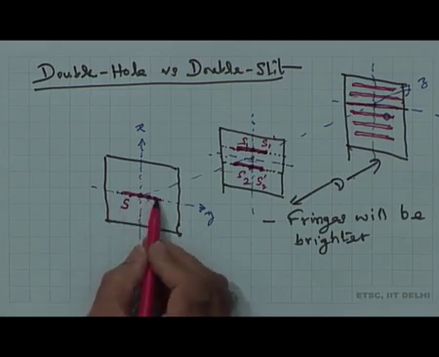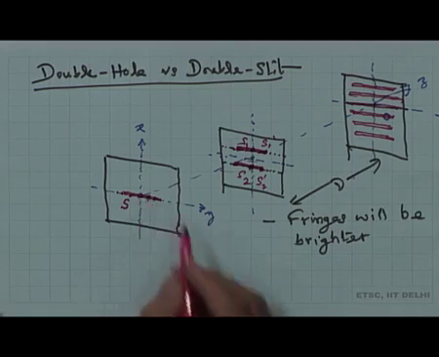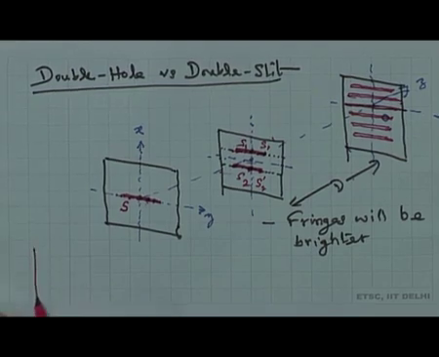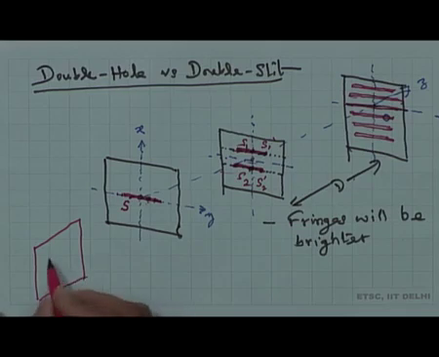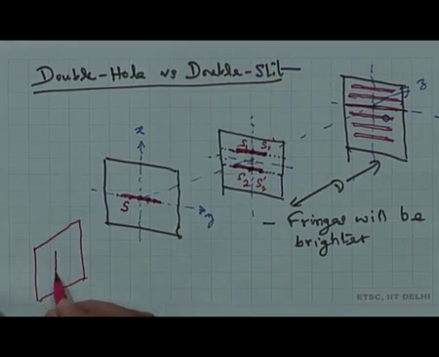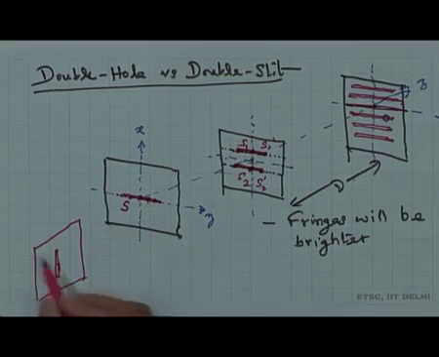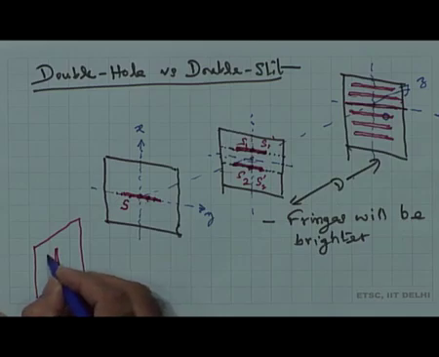If we have a slit here, now the wavefront which is coming out will not be spherical, but cylindrical. If I have a slit instead of a single point source S, then the wavefronts which come out here will be in the form of a cylinder.